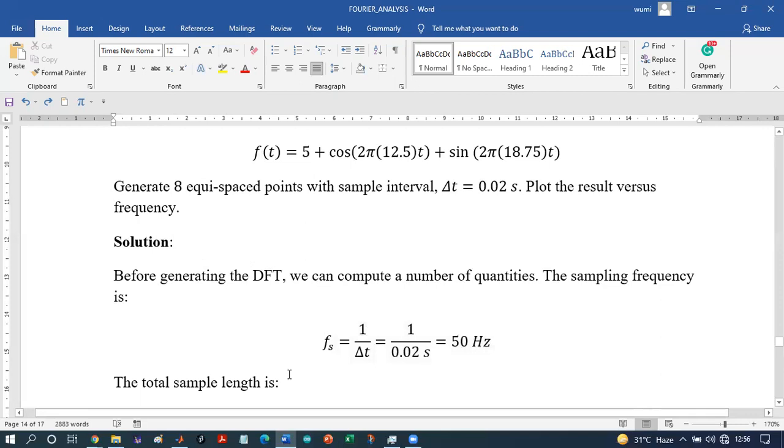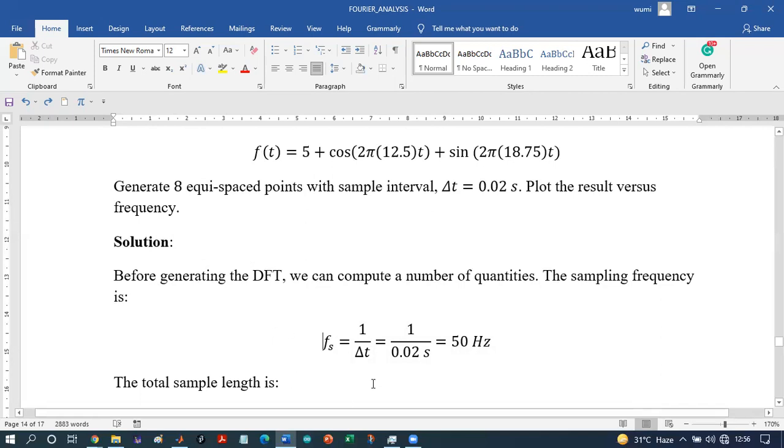Since the sample interval is 0.02 seconds, and you have 8 points, the sample length is simply n times the t, which is 8 times 0.02 seconds. So the sample length is equal to 0.16 seconds.